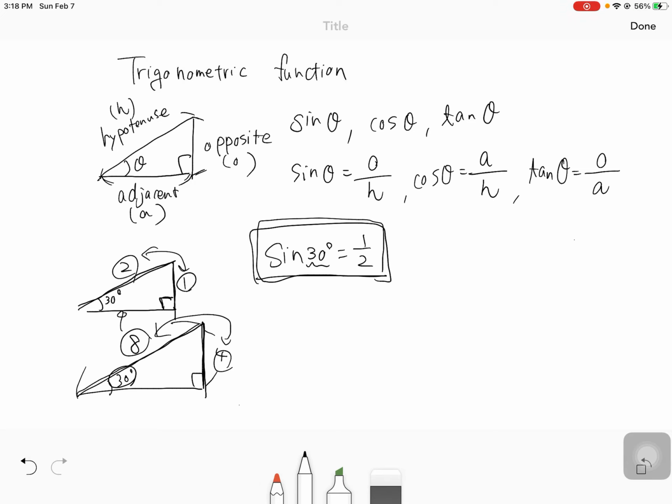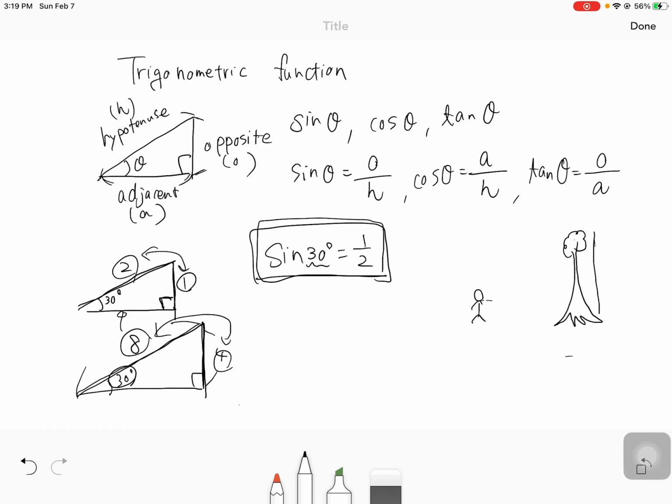Let me explain an example of applications in our life. In the forestry industry, they need to calculate the height of trees. That's because they want to calculate how much volume the trees have. So they need to calculate the height, but it's pretty difficult to calculate the height if the tree is so big.